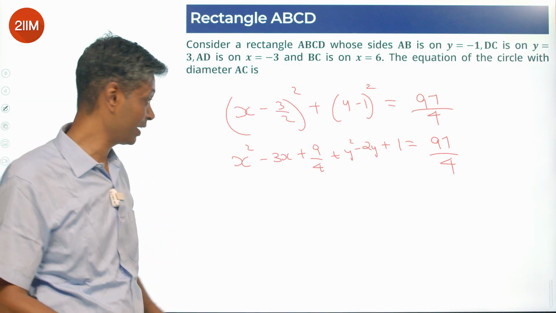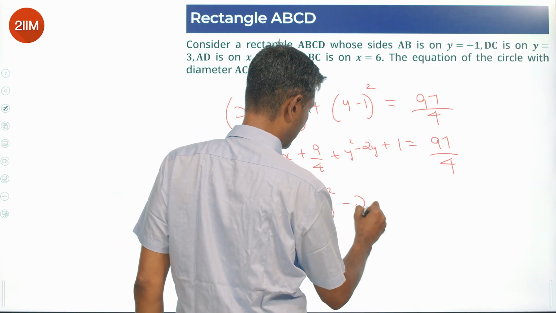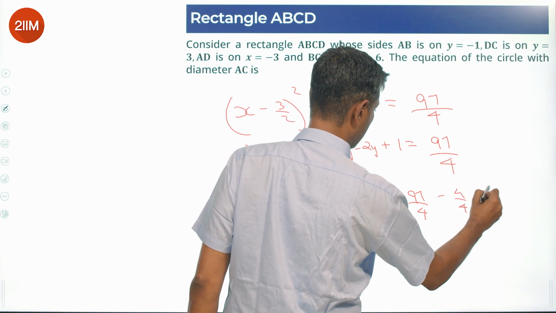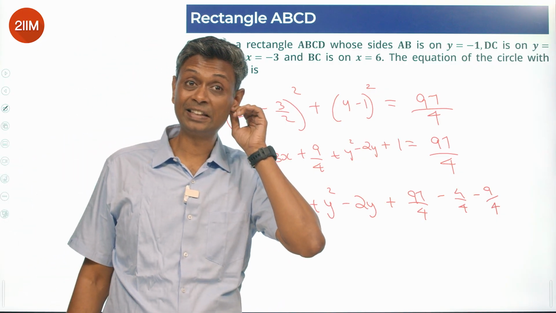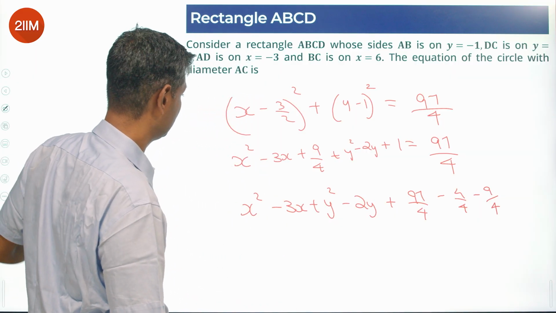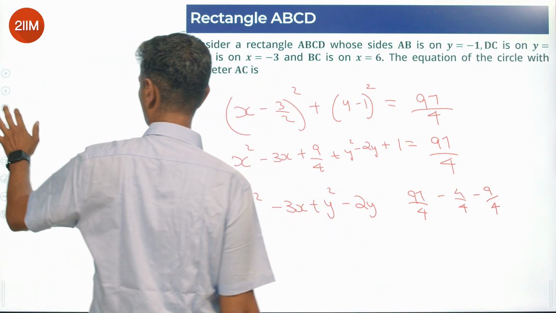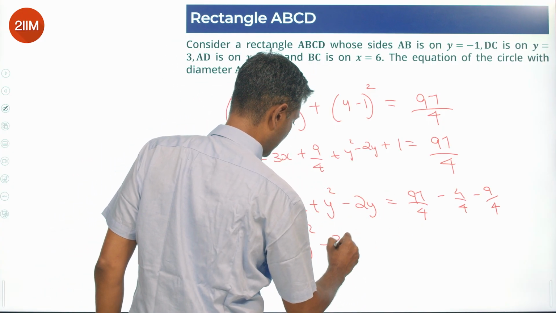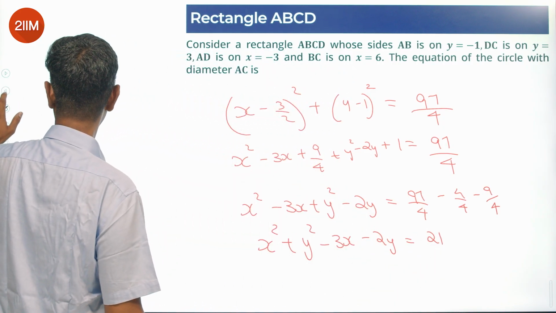So this is x² minus 3x plus y² minus 2y plus 1 plus 9/4, equal to 97/4. Then 97/4 minus 4/4 minus 9/4: 4 plus 9 is 13, 97 minus 13 is 84, 84/4 is 21. So it is x² plus y² minus 3x minus 2y equals 21.